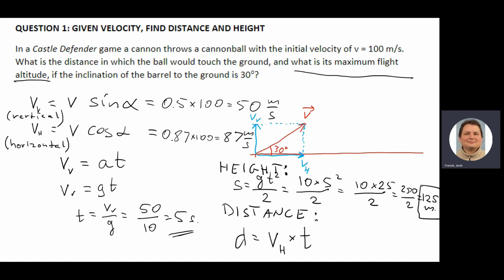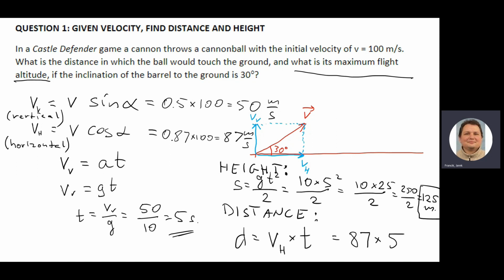No, we ignore the drag, okay? Maybe you will notice this when I put the values. So VH is 87, time is 5 seconds. Is that all, or am I forgetting about something?